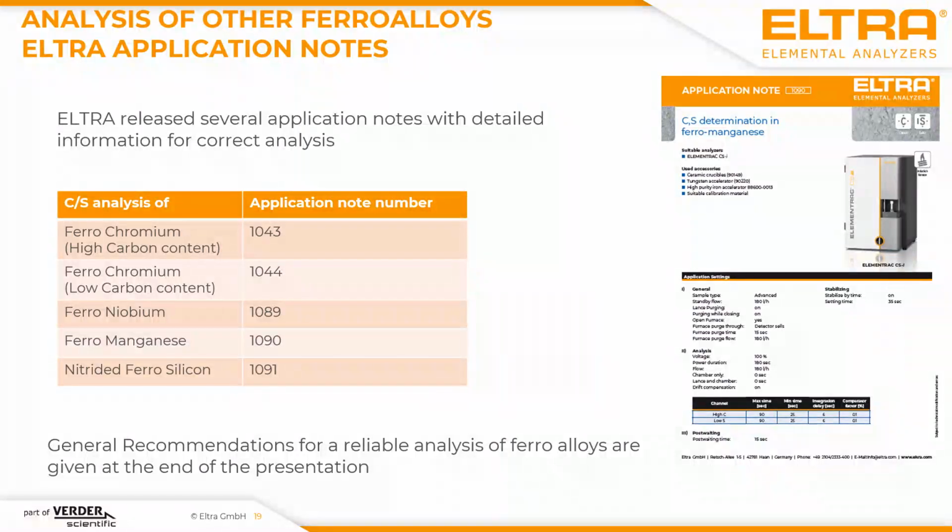An application note contains all relevant information you need for the analysis. You need to have all the settings for the analyzer and of course all the applied accelerators. And at the end you will have some typical data. When you have different ferroalloys and would like to analyze them, you can of course send us some samples for testing.